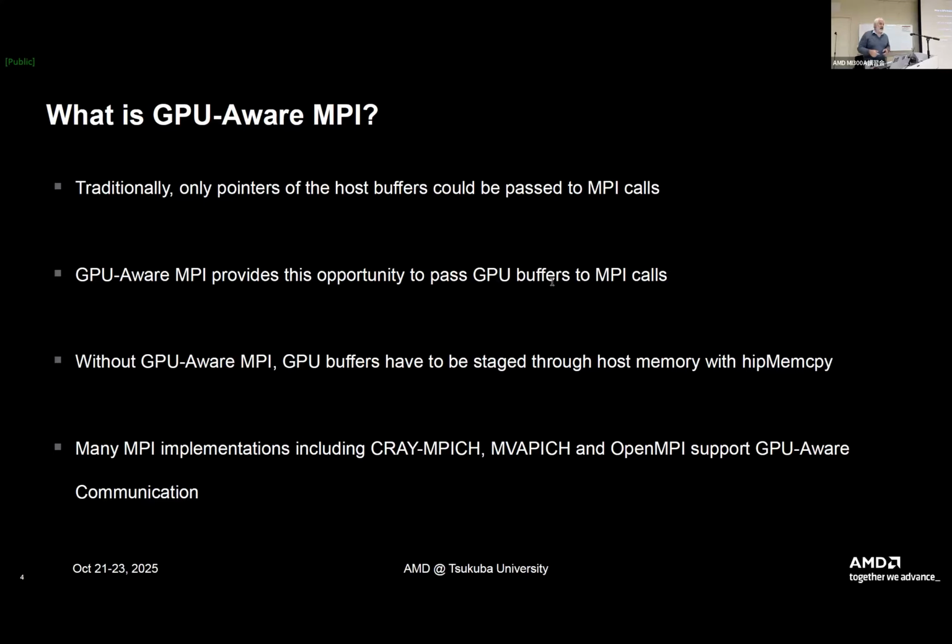This can eliminate a lot of that movement to the CPU and back, so it can make a huge difference. Plus, the GPU can drive better bandwidth. All those together make GPU-aware MPI really critical to get performance.